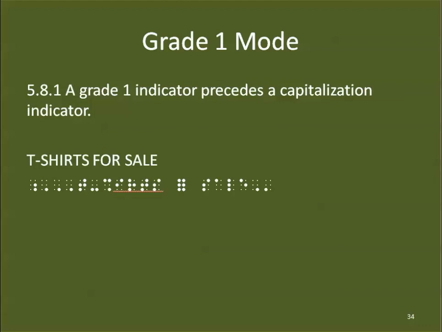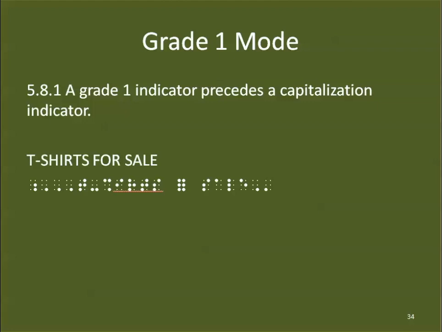A grade 1 indicator precedes a capitalization indicator. So we've seen that in action already. We have a grade 1 symbol indicator here in this example, and then our capitals. We don't use capitals and then put the grade 1 symbol indicator directly in front of that T. The grade 1 symbol indicator comes first, then our capitals, because capitals always get hugged up to the letter.